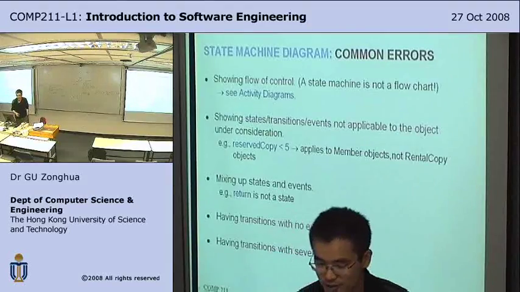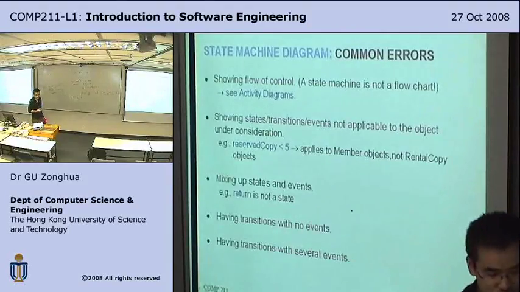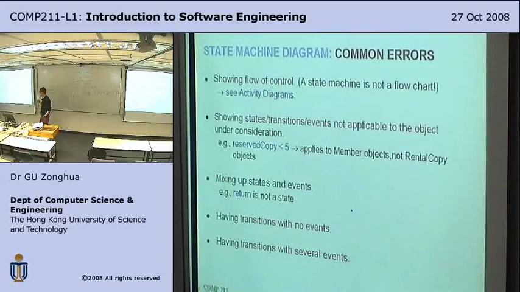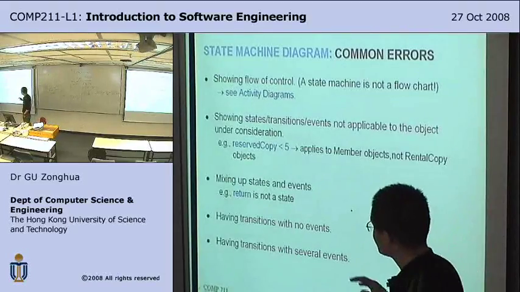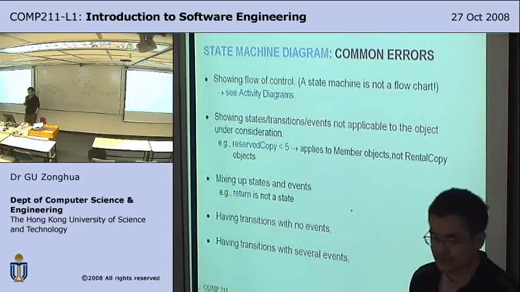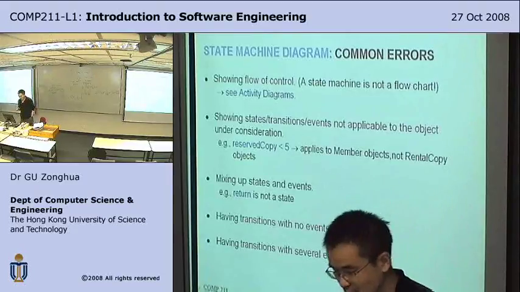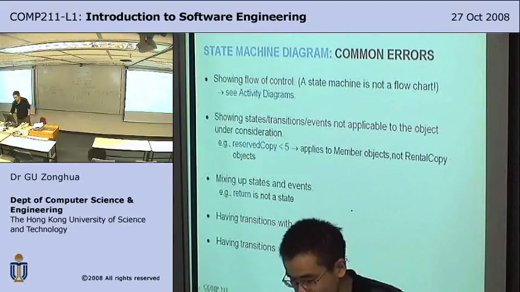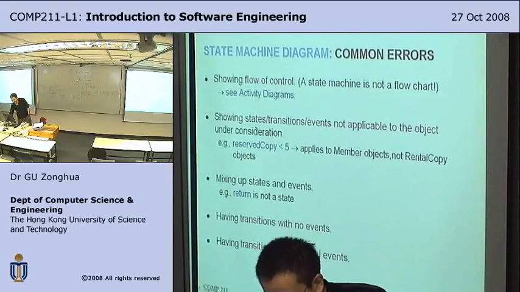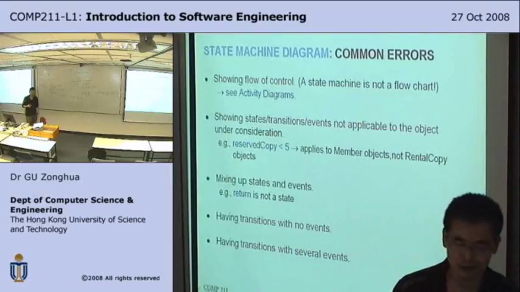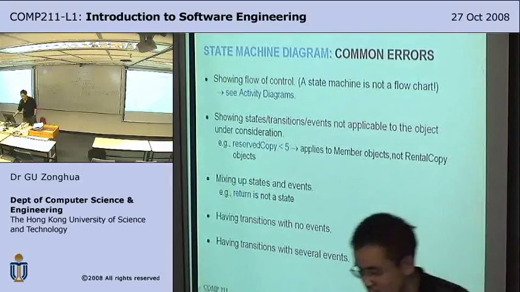So common errors are showing flow of control. We'll discuss activity diagrams next. It's another way of specifying an object's behavior.